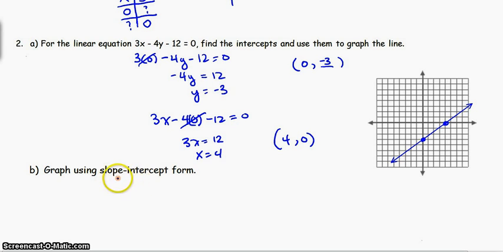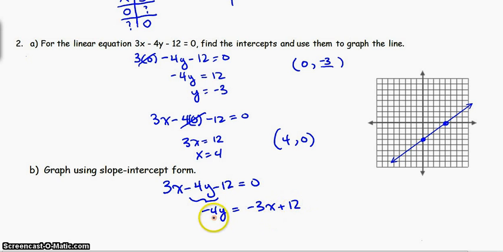How would I have done this if I asked you to graph using slope-intercept form? Well, you would have done what we did before, and you would have isolated the y, so moving terms across, dividing everything by -4. You're going to get negative over negative becoming positive. A positive divided by a negative becomes negative.